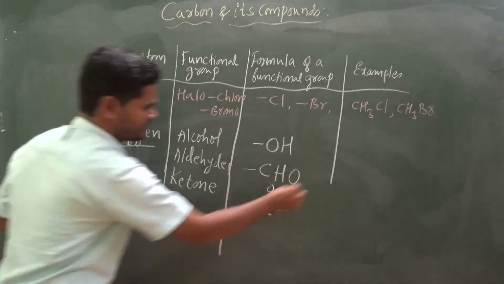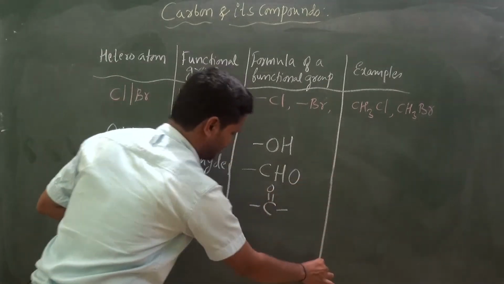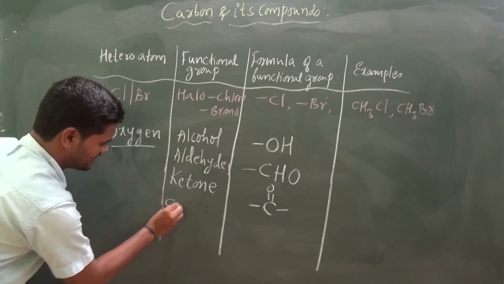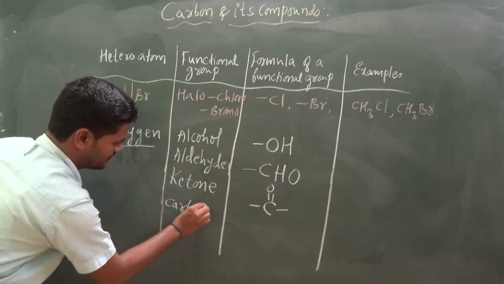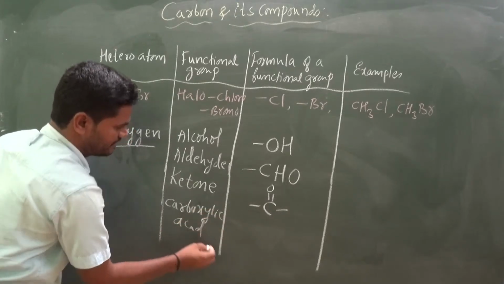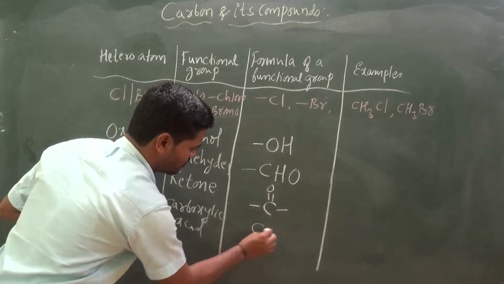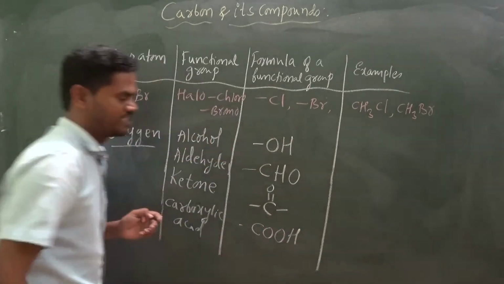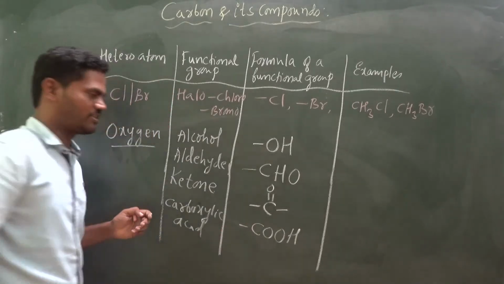Okay. Then next one is the carboxylic acid. Fourth one is the carboxylic acid. Here the functional group is COOH. Okay, COOH is the functional group for the carboxylic acid.